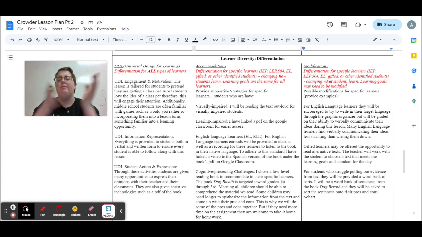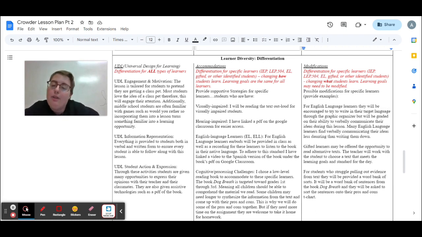It's also something they're familiar with. Most students know how to answer a would you rather question. You answer, I would rather this because of that. So it's a good way to turn something familiar into a learning opportunity.